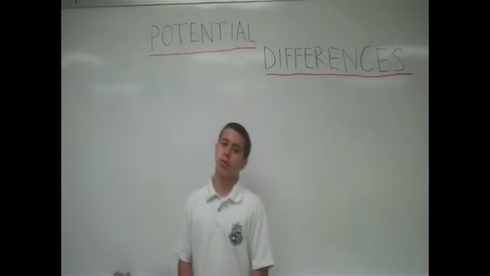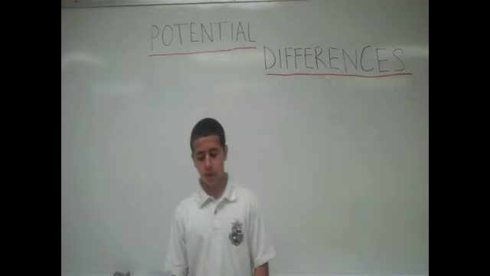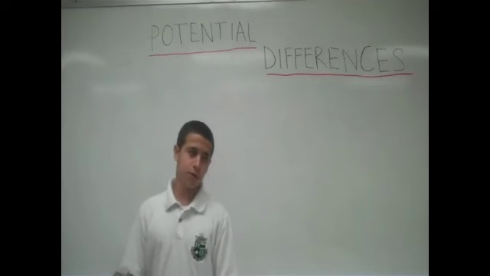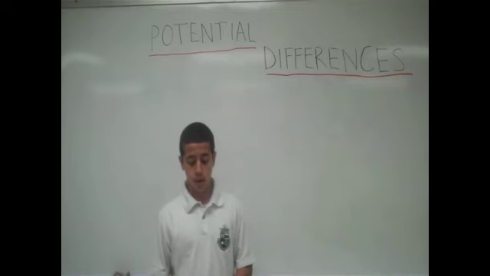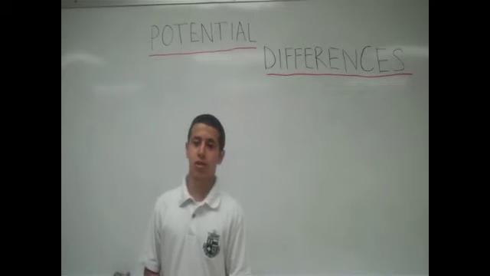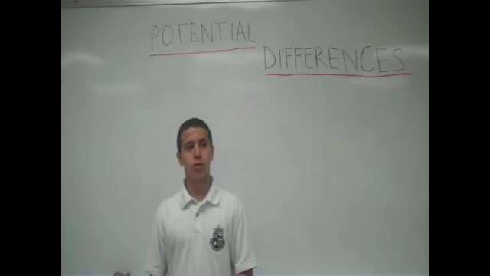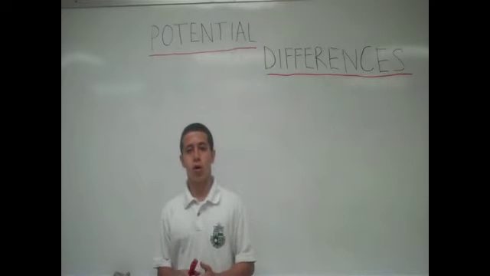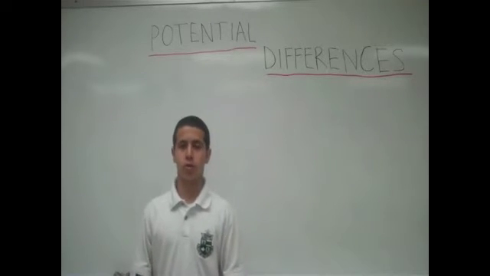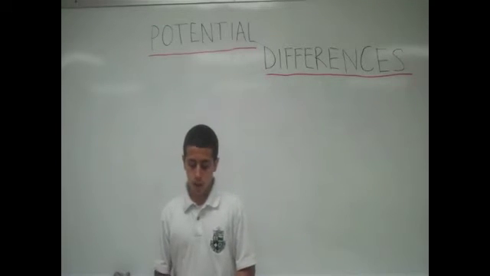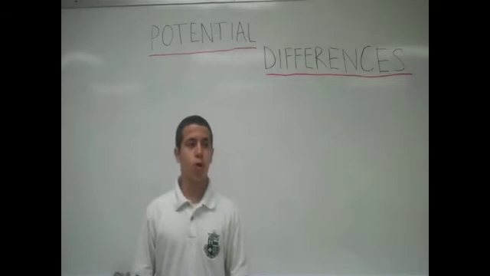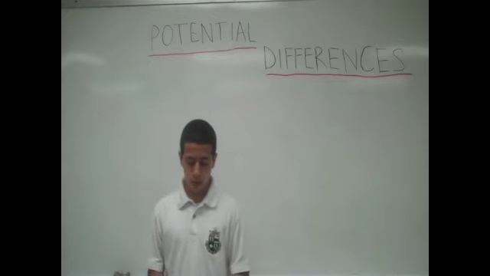So now we'll be learning about calculating voltage. To start off with, all forms of energy are measured in joules. When describing energy in an electrical circuit, we don't measure all the charges in the circuit, we measure it per each charge. We compare one point in the circuit to another.